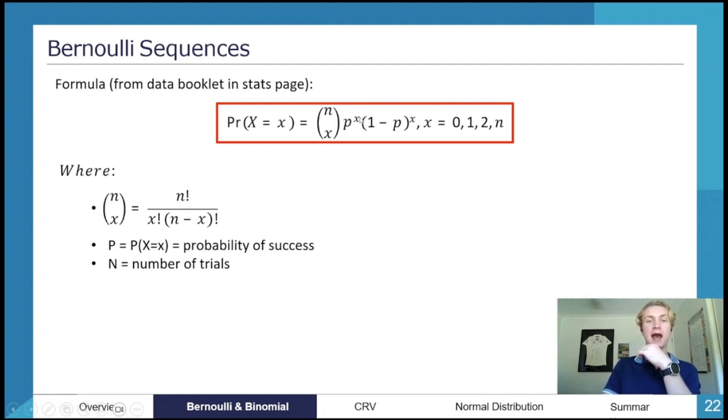So 1/6 to the power of 2 times 5/6 to the power of 4. And this here is called a combinatoric. I'm going to show you that. Don't worry. But now we would find, and this formula just allows us to work out what the probability of actually getting that number of sixes would be. That's for your Bernoulli sequences.